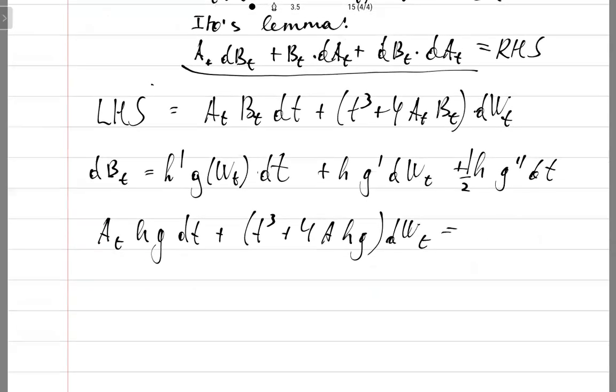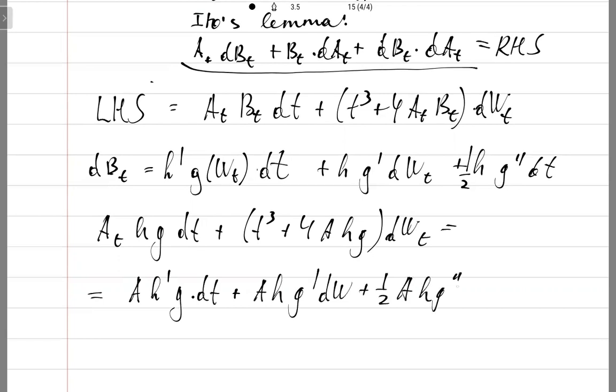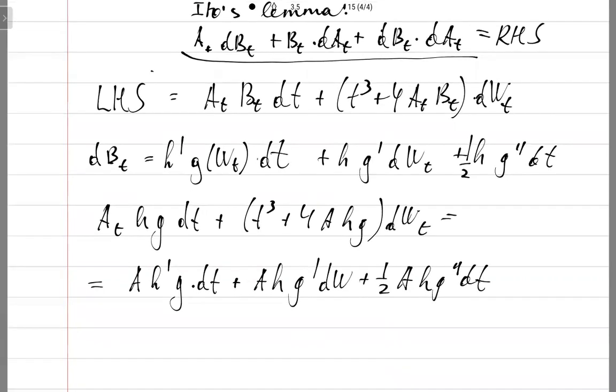That should be equal to a dBt, which is a h prime g dt plus a h g prime dW plus one over two a h g prime prime dt.